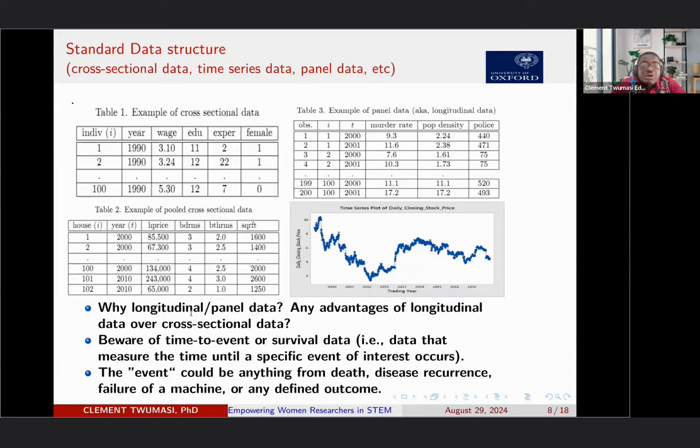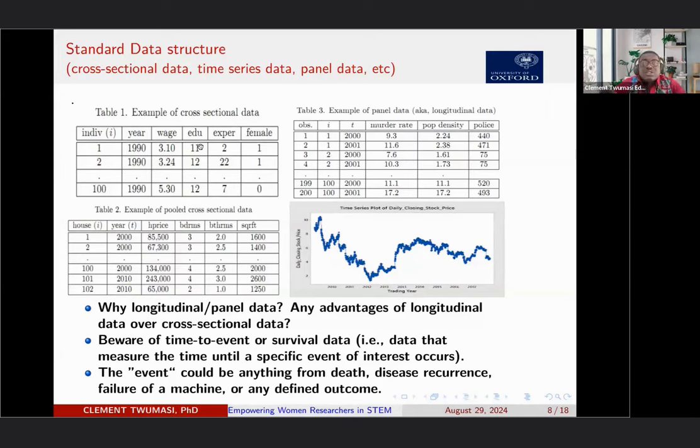But the question is, why do we often collect longitudinal data sets? You notice that there are instances where you are trying to assess the difference in some outcome. If I say outcome, it could be any response variable of interest, maybe response to a vaccine, response to some drug, academic performance, it could be anything.